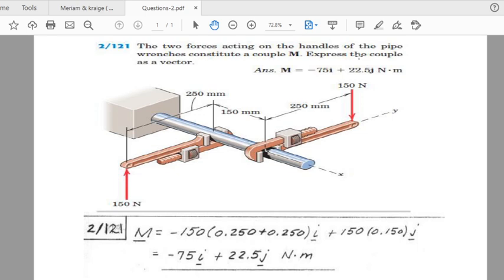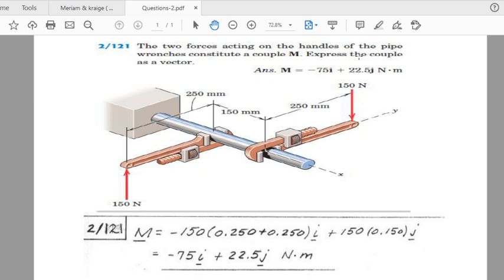So it is going to be 0.15 i plus 0.5 j meters cross minus 150 k Newton, which is the force, and when we take the cross product, we will get the result which is shown here: minus 150 into 0.5, and this is going to be i, and 150 into 0.15 j. So this is the result, minus 75 i plus 22.5 j Newton meter.